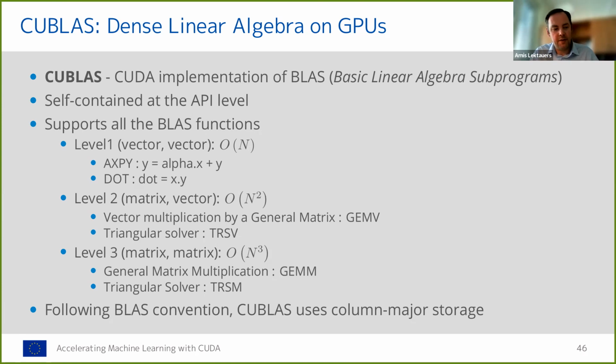So if anyone has experience with BLAS, it should not be a big problem to use cuBLAS, because practically all these same functions are available at 3 levels: for vector operations, for matrix-vector operations, and for matrix operations.